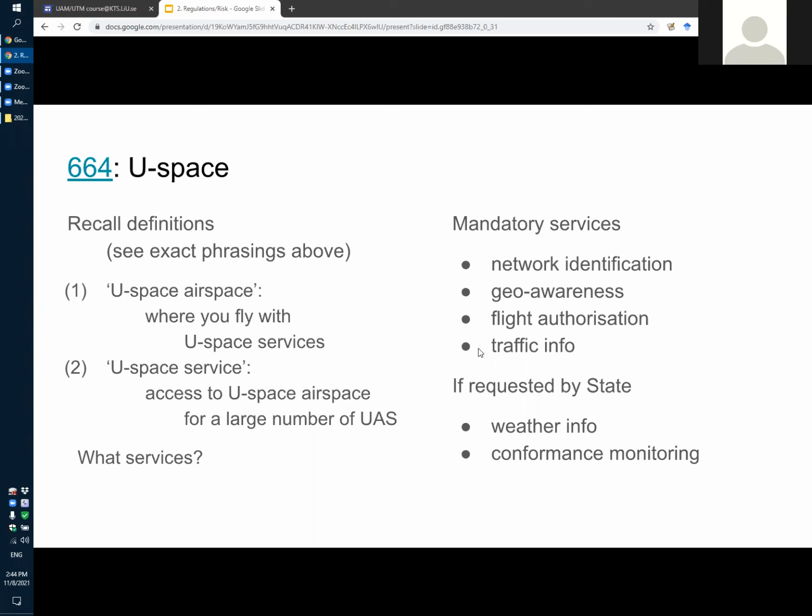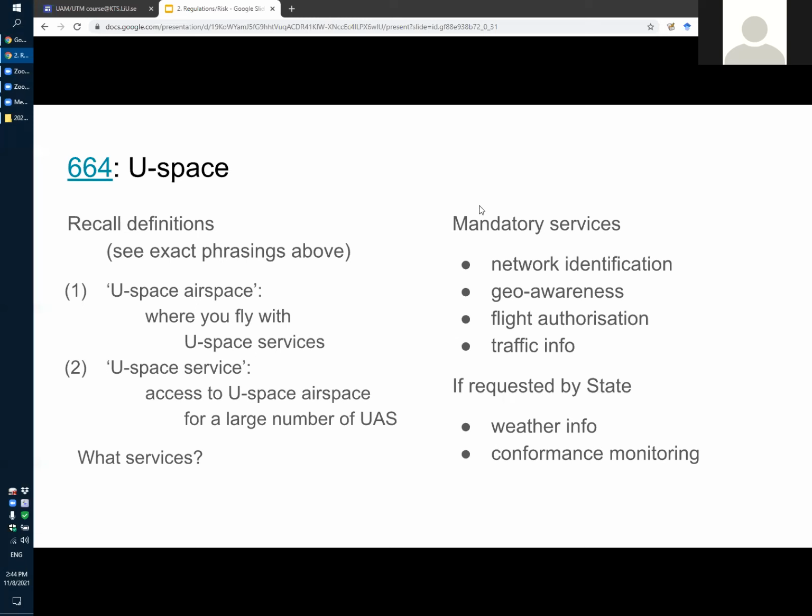Now, there are 4 mandatory services specified in the regulation, and they are network identification, geo-awareness, flight authorization, and traffic information. In addition, if the member state, or the competent authority, National Aviation Authority, requires, you also have to provide weather information and conformance monitoring.